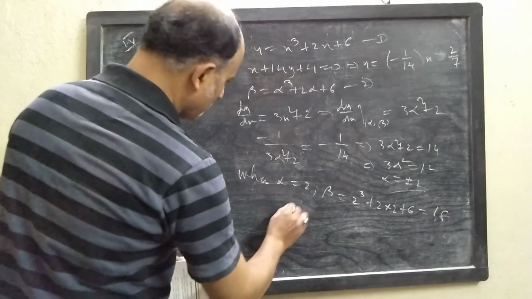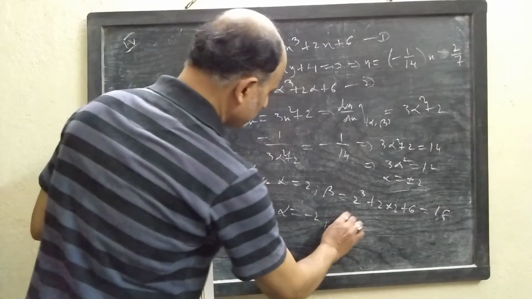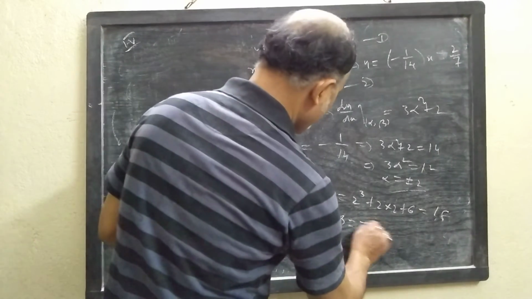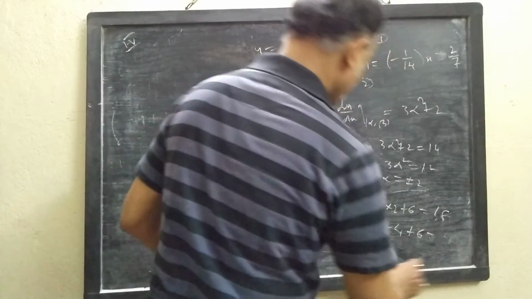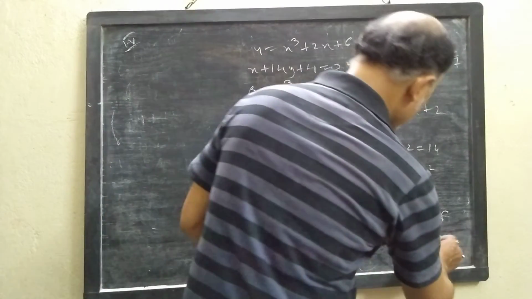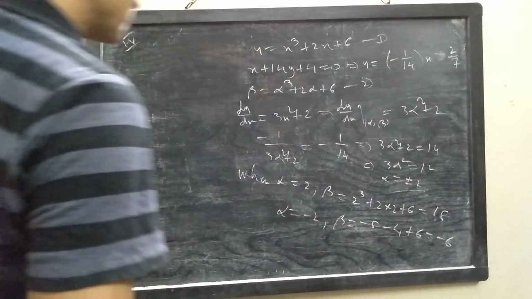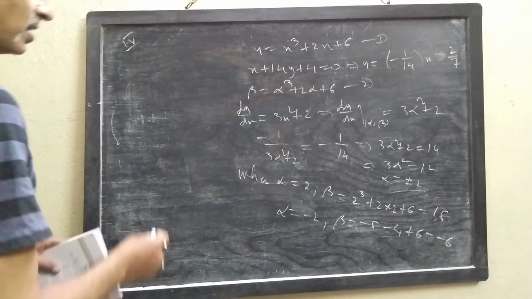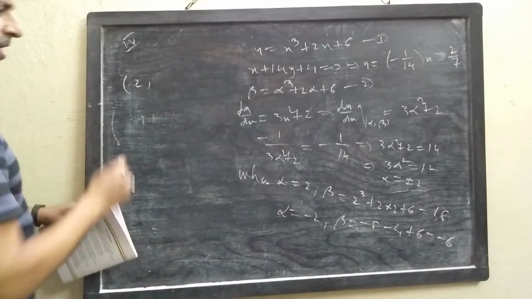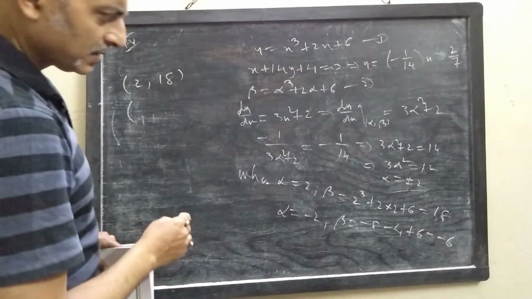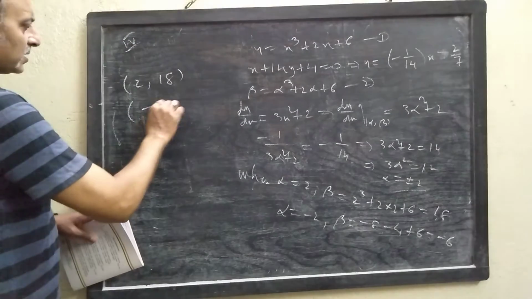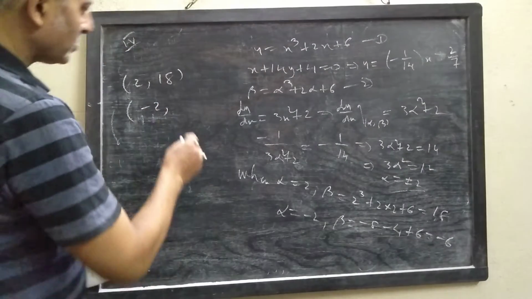And when alpha equals minus 2, then beta will be minus 8 minus 4 plus 6, that is minus 12 plus 6, that is minus 6. So the required points on the curve are 2 comma 18 and minus 2 comma minus 6.